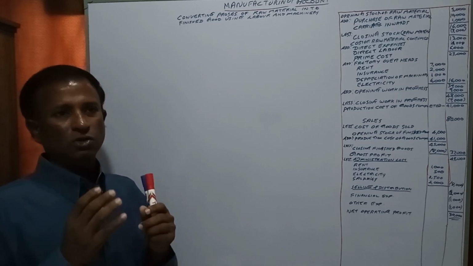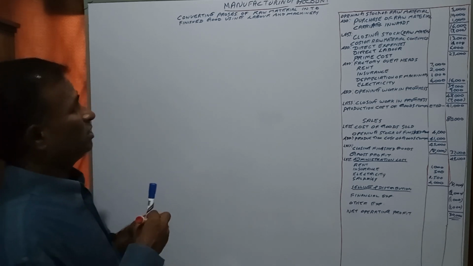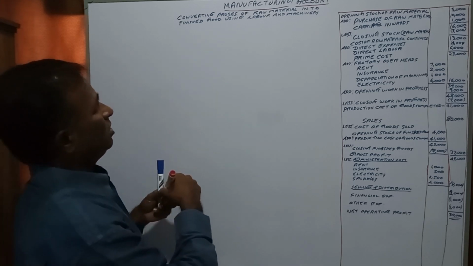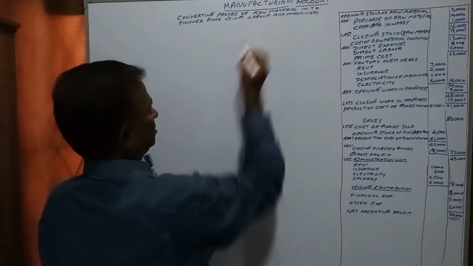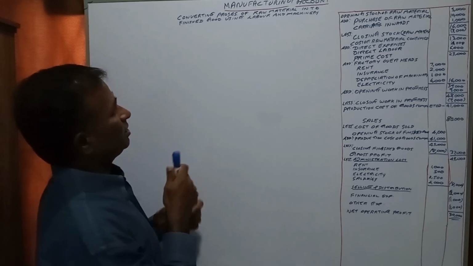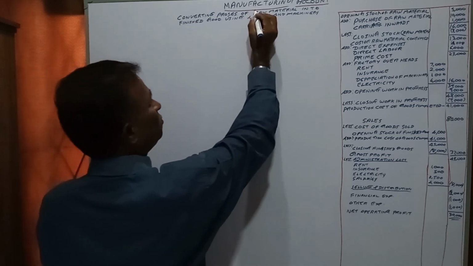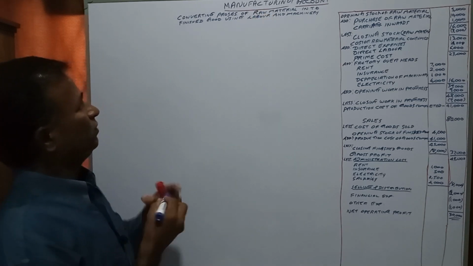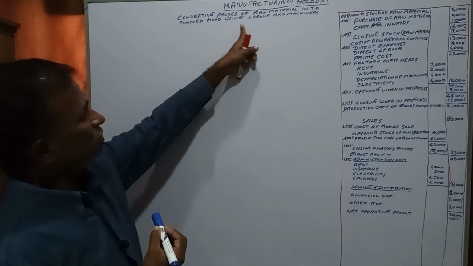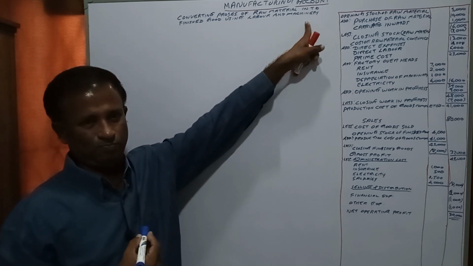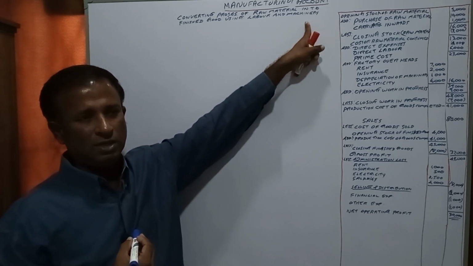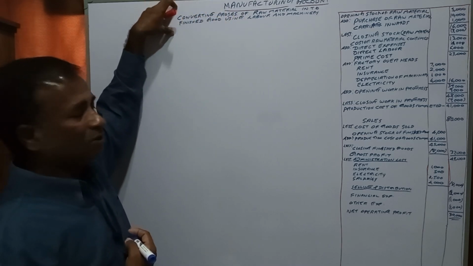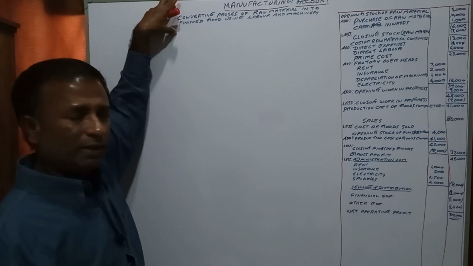What is the difference there? Here you are converting the raw materials into finished goods using labor and machinery. He is doing a production activity, right?